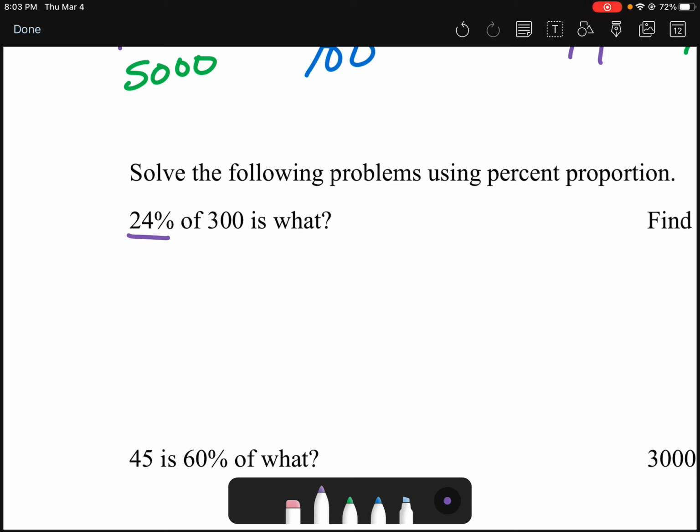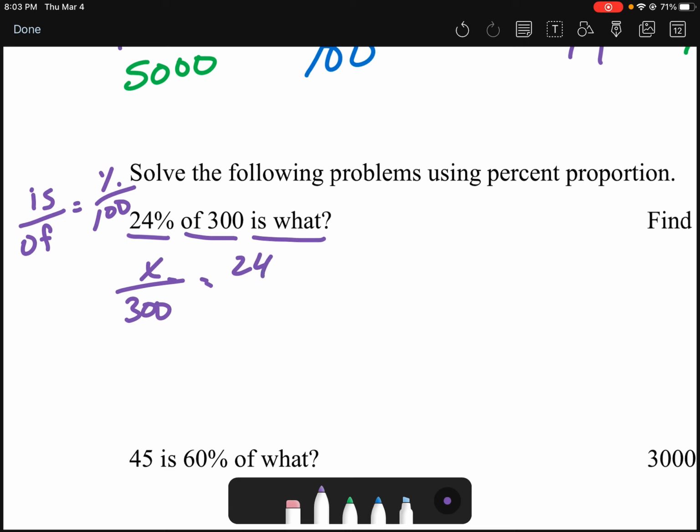All right, so I have 24% of 300 is what? Again, we're doing is over of equals percent over 100. My is, I don't know what that is because it says is what, so I'll put x there. Of, it says of 300. And 24%, I'll put 24 over 100.